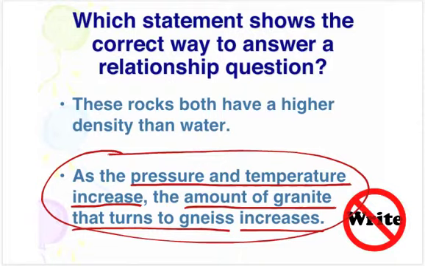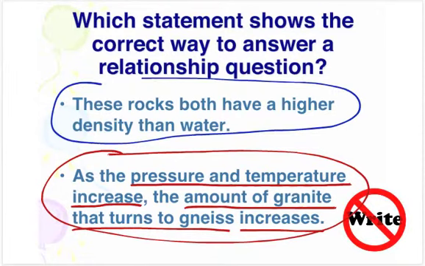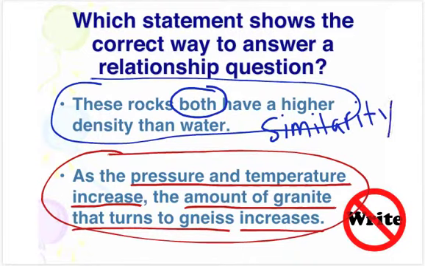By the way, what type of answer is the other one? It's one of the 8 different types of questions. Did you catch this key word right here? Both? Right. It's a similarity. And I will tell you that whenever I ask a relationship question, similarity answers are the most common mistake that people make with relationship questions.